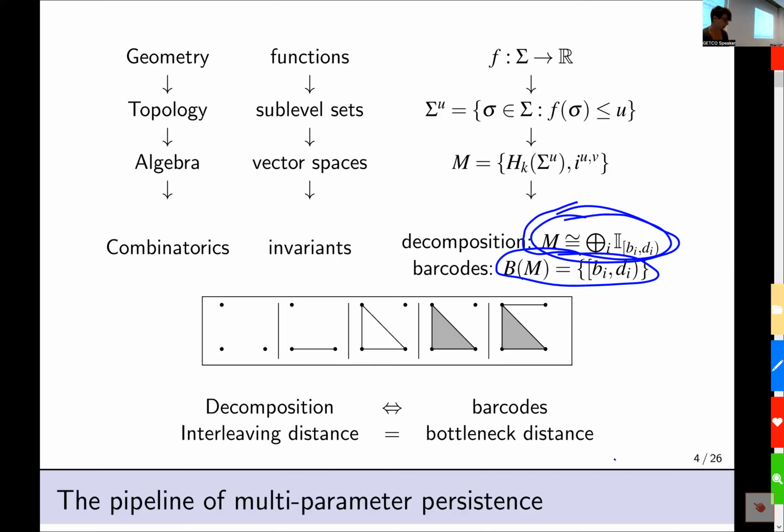Probably when one works with modules, one prefers talking about interleaving distance, and when one works with barcodes, one talks about bottleneck distance. But it turns out that in this setting, where the functions take values in R, they are equal. So there is no difference, and I will later explain what the bottleneck distance is.